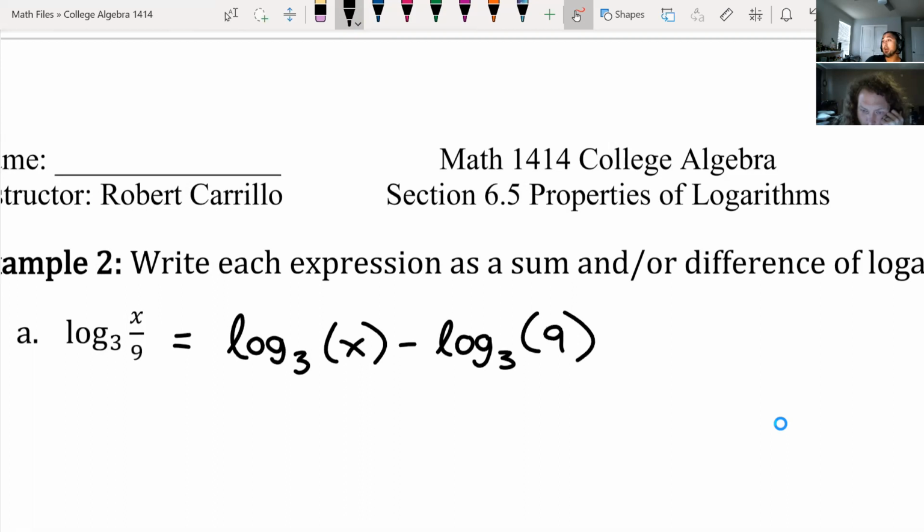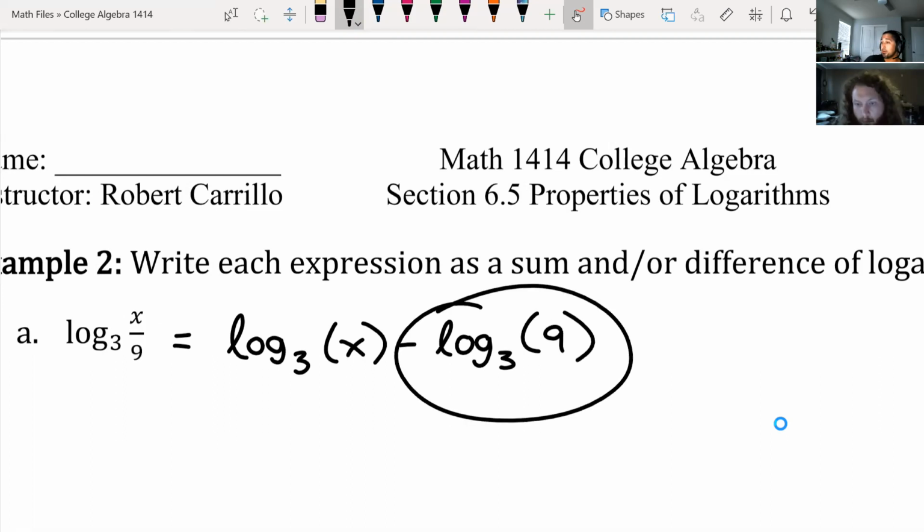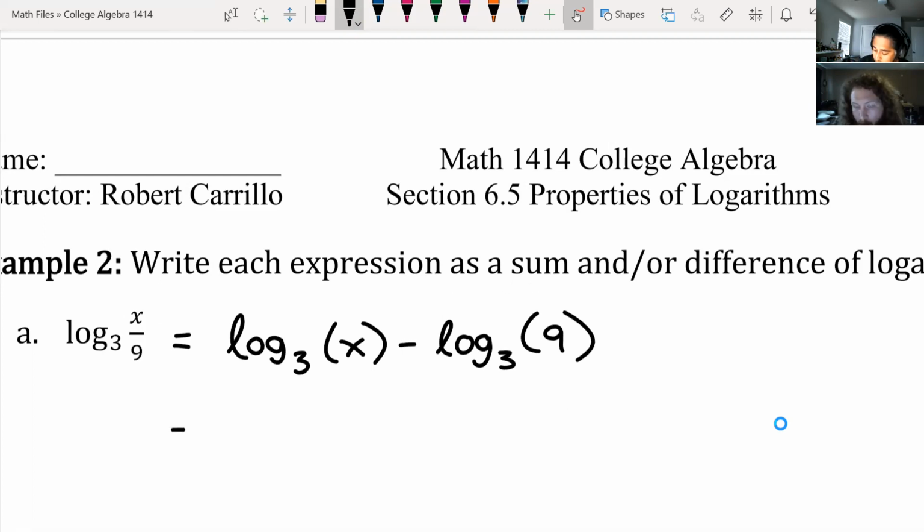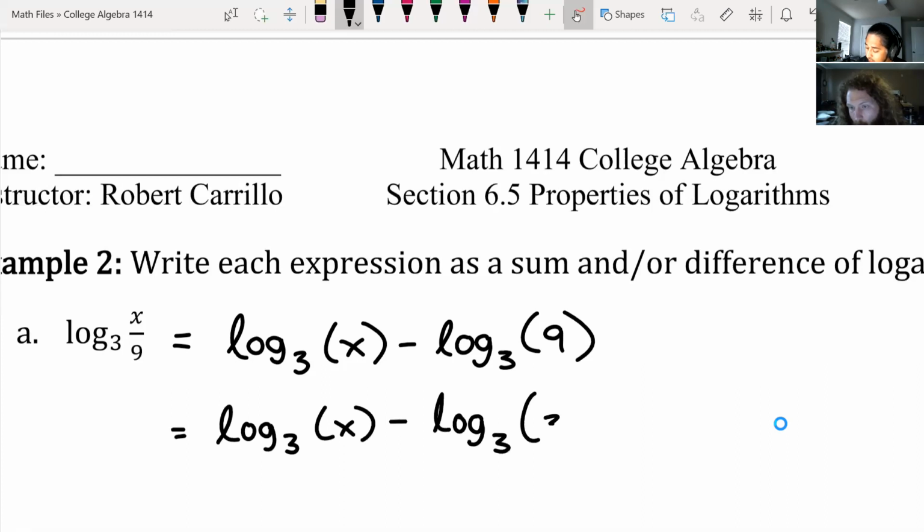Okay. So this would be done, but we see that we can keep going because 9 can be written as a base of 3. So this can become log base 3 of x minus log base 3 of 3 squared.